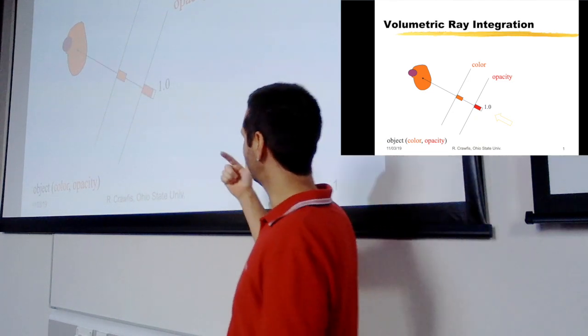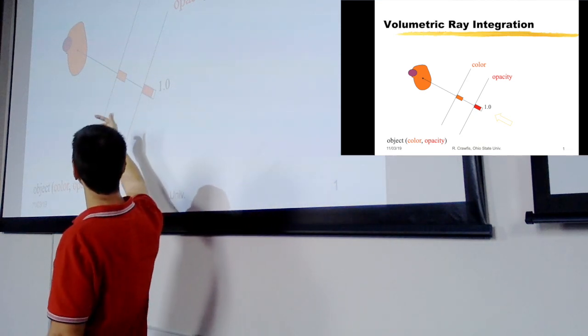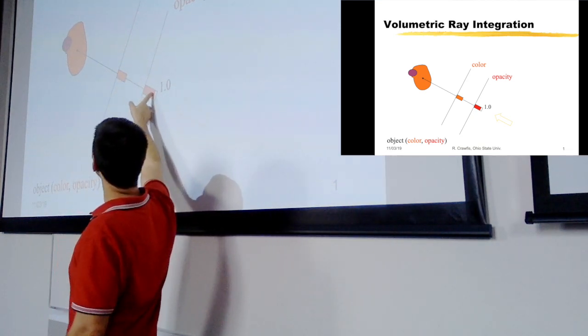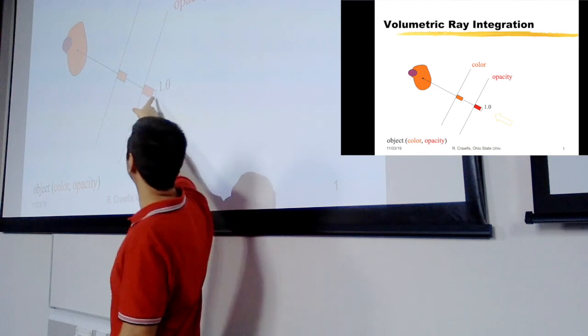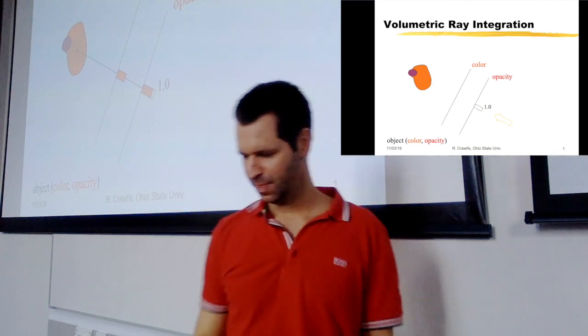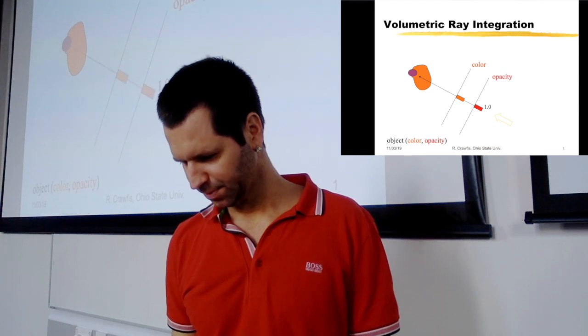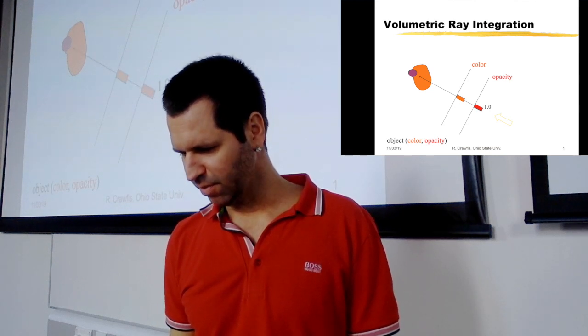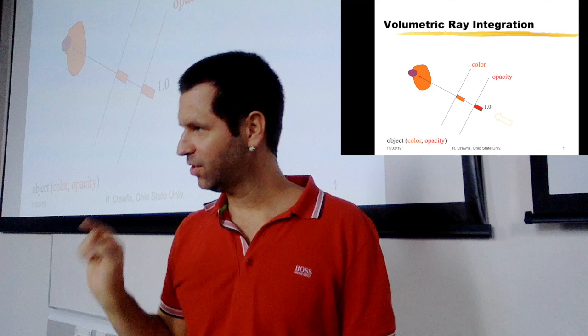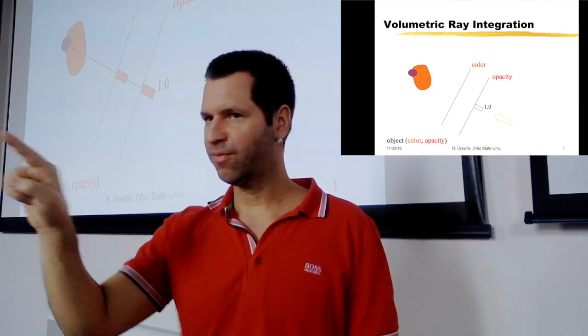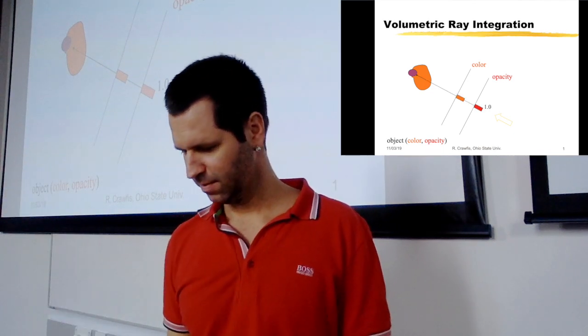Every time we sample the volume and we hit something interesting, we sample the color and we sample the opacity, and it increased. We keep sampling the volume.